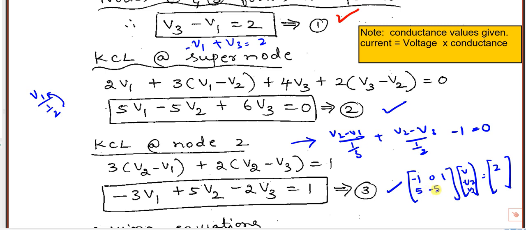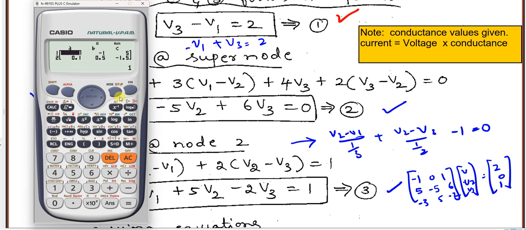Next, 5V1 minus 5V2 plus 6V3 is equal to 0, minus 3 plus 5 minus 2 is equal to 1. These are three equations with three unknown variables.